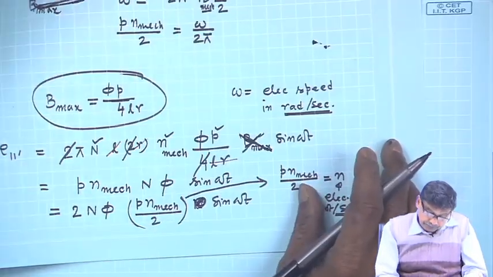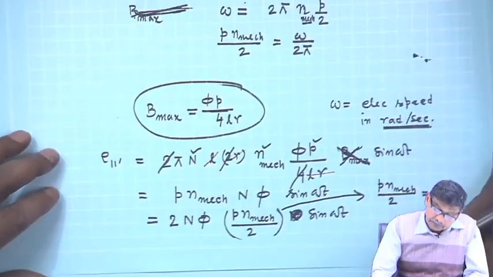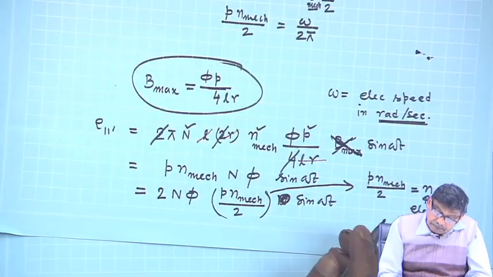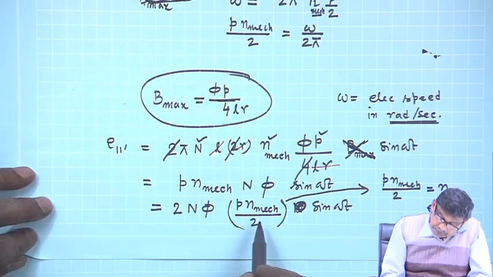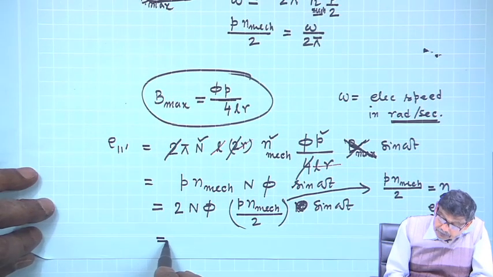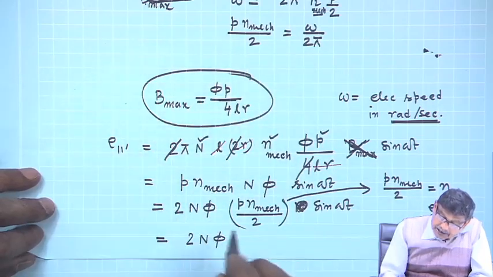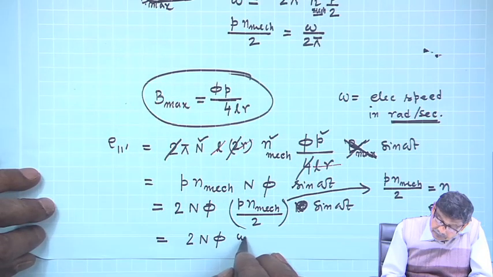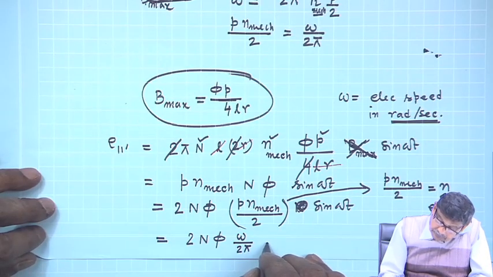So, this will then be equal to 2 n phi and P n mechanical by 2 is omega by 2 pi into sin omega t.